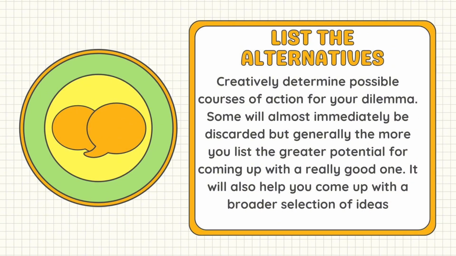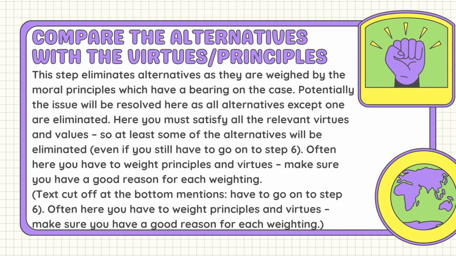Now let's move on to step 5, which is to compare the alternatives with the virtues or principles. Now that you have options, you need to compare each one with your moral values. Which options respect honesty, fairness, or compassion the most? Which ones violate them?